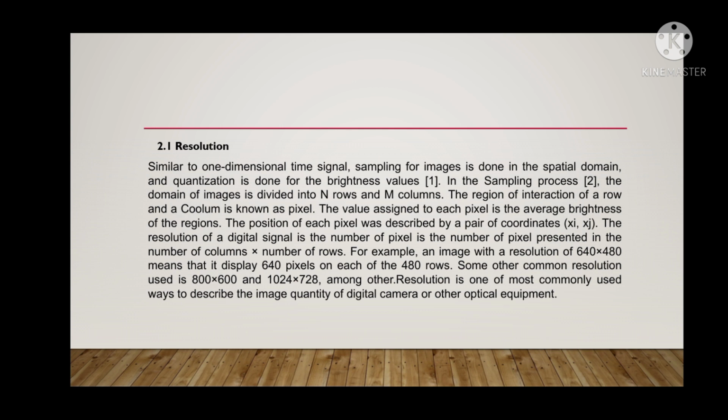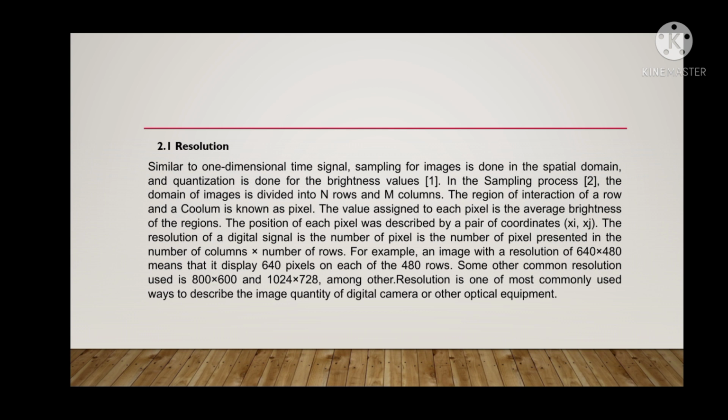For example, an image with a resolution of 640 times 480 means that it displays 640 pixels on each of the 480 rows. Some other common resolutions used are 800 times 600 and 1024 times 768, among others.